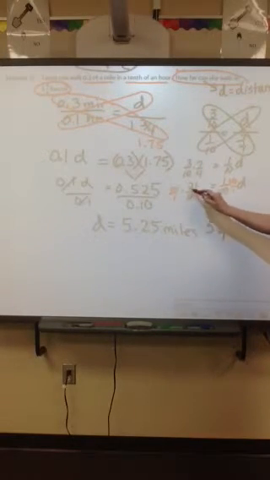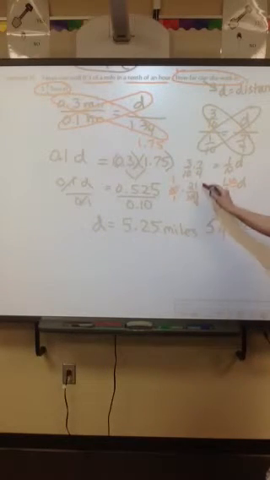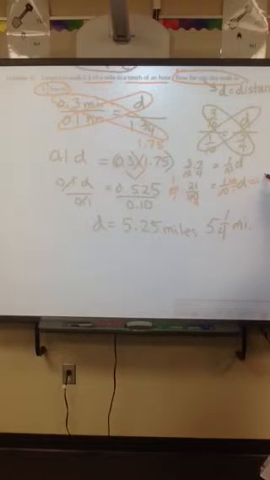So I can divide a 10 out of the numerator and denominator and get 21/4. So if I have D equals 21/4, 21 divided by 4 will go 5 times. 5 times 4 is 20, and 1/4. So you get the same answer, miles, either way.